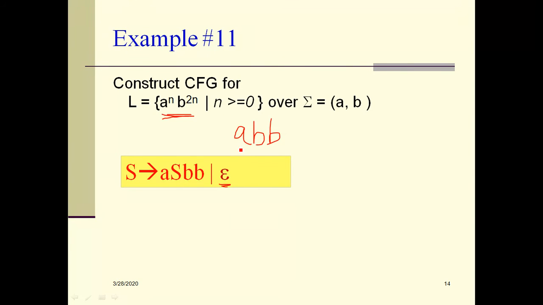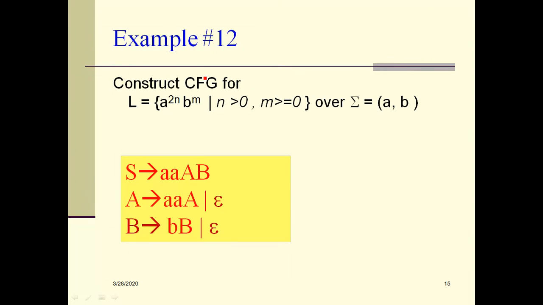So whenever a single A comes, there must be twice the number of B's. So we have S derives A, B, B, the smallest string, and in between we have S, so that this S can be repeated with A, B, B, A, B, B any number of times, and when you want to terminate, you can terminate with the empty string, right?